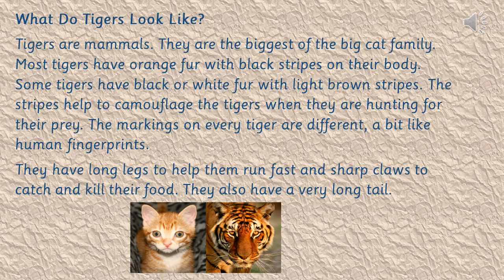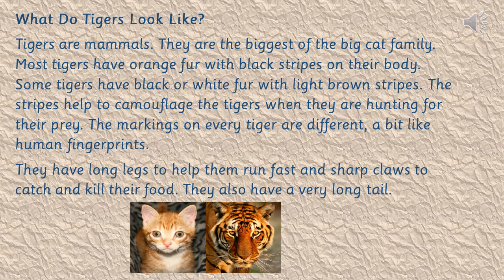The markings on every tiger are different, a bit like human fingerprints. They have long legs to help them run fast and sharp claws to catch and kill their food. They also have a very long tail.